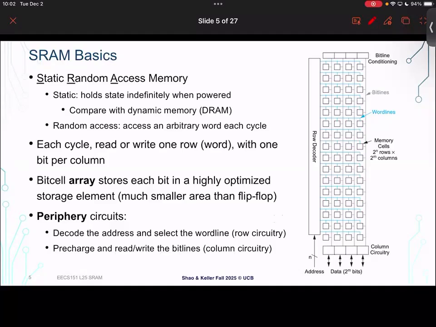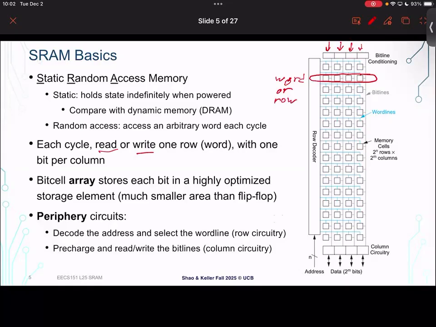So in an SRAM, each cycle, we're going to either read or write a single row, and a row in the diagram, this is an example of a row. And these are the columns. A row is also called a word in the SRAM.